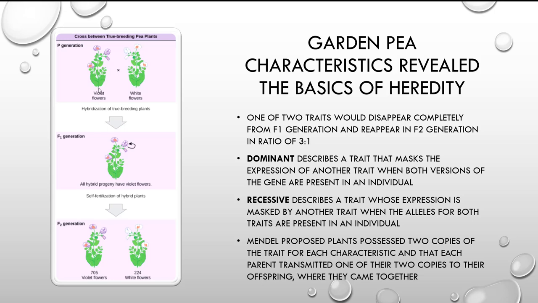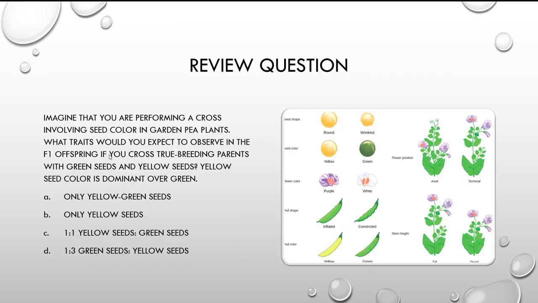So instead of violet and white, imagine you'd have yellow seeds and green seeds, so they would all produce yellow seed in the F1 generation. So B is the correct answer. The only thing we're changing here is that we're using this example instead of this example.